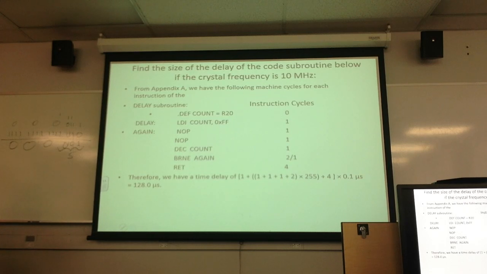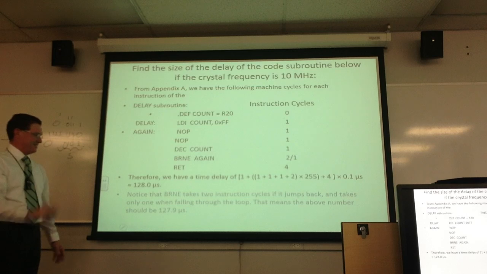I've got a couple of hands up. Why do you not add an extra one? When the branch not equal bails out, does it not include that extra cycle? Ooh, should I add a 1? Yeah, very good. Let me change that. Thank you. Yeah, there should be another one. Oh, no. If you look on my slide here, I thought about this.